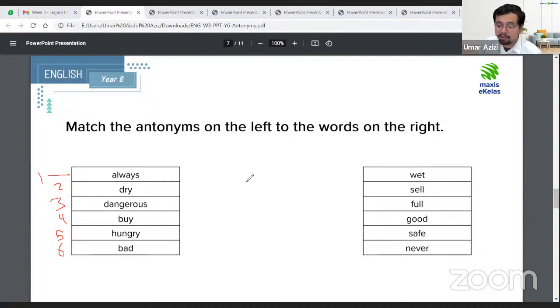What is the antonym of the word always? So we have, hold on, have we gotten our class reset yet? Hold on. Not yet, not yet.